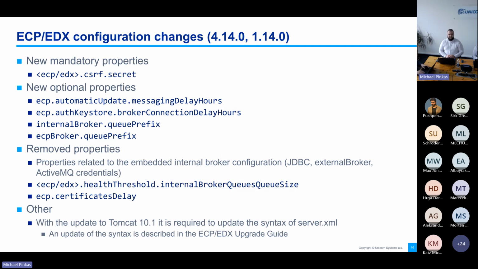So basically, let's say the ecp.endpoint.inbox will then be renamed to the configured prefix.ecp.endpoint.inbox. And the same applies also for the ECP broker queue prefix property. This one is available only on EDX, and it is used for the ECP endpoint queues. So the queue prefix in this property will be the same as the prefix on the ECP endpoint.